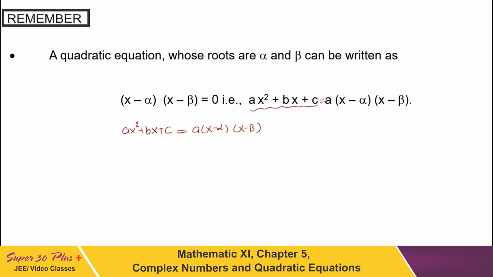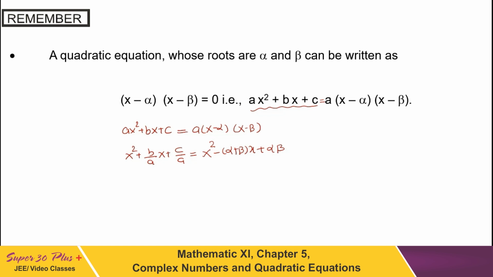Now we are going to divide both sides by a. What will happen? It is x square plus b upon a times x plus c upon a is equal to x minus alpha, x minus beta. Now we are going to multiply these two brackets. It will become x square minus alpha plus beta times x plus alpha into beta.